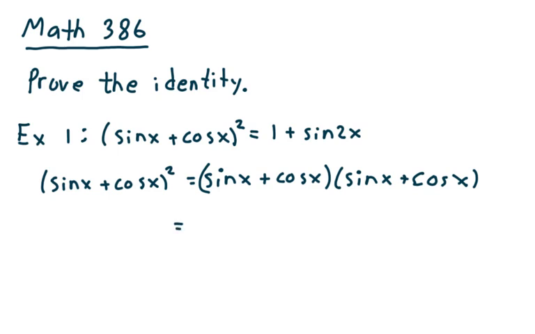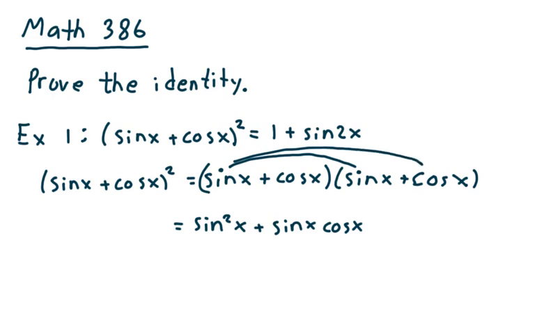Now, if we FOIL this out, we get sine squared x, so that's sine x times sine x, plus sine of x cosine x, that's this one, plus sine of x cosine x, plus cosine squared x.